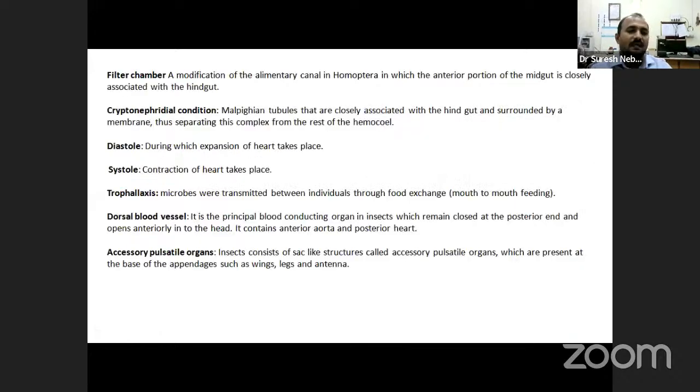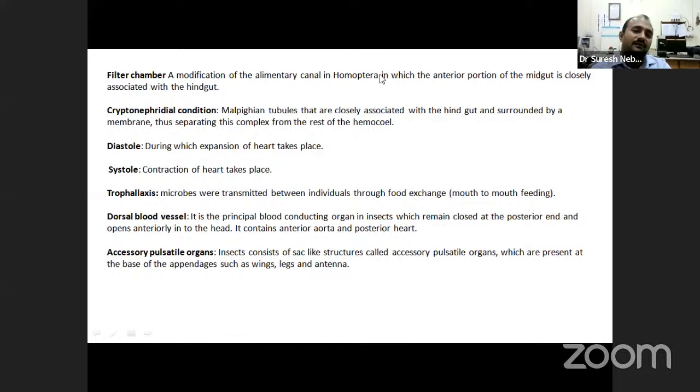Some examples I have given, like the filter chamber. It is a modification of the alimentary canal in Homoptera, in which the anterior portion of the midgut is closely associated with the hindgut. This is the general part. First you should know what the filter chamber is. Next you should know its function, and why this modification is there. Once you understand that, you know it is in Homoptera.